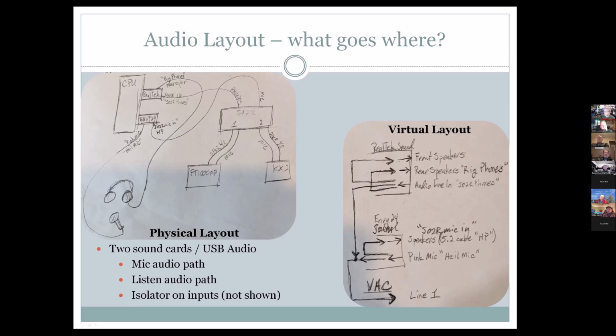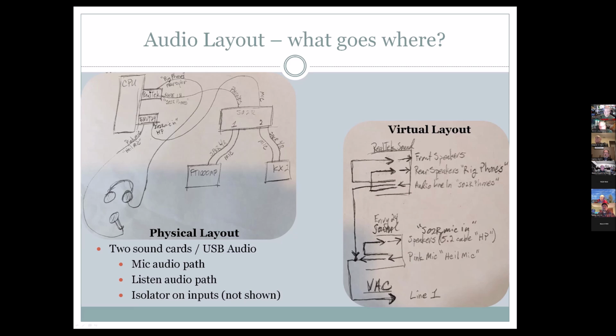And then if you look at the virtual layout, this is a little more complicated. I don't know how clear this actually looks, but the Realtek sound, that's this card here, has the listen side. I've got the audio coming out of my SO2R box, goes into the sound card, and then there's some virtual cables that connect this audio to my rear speakers.